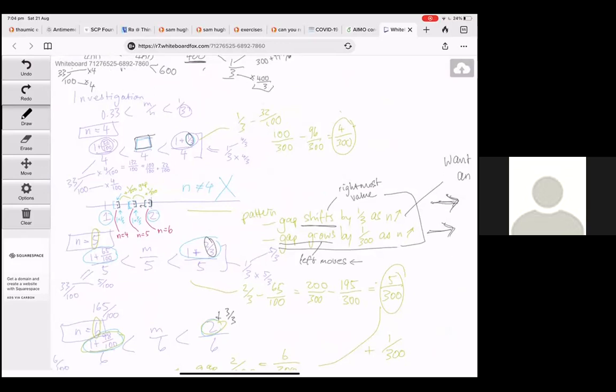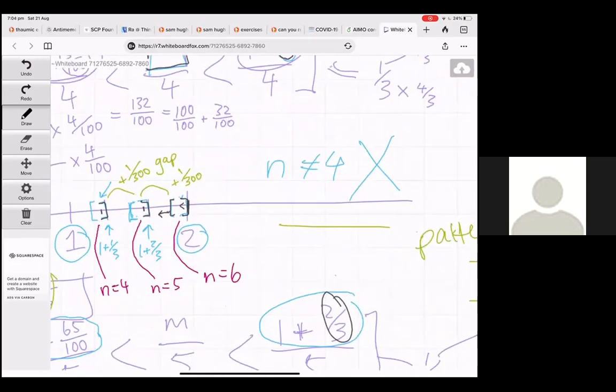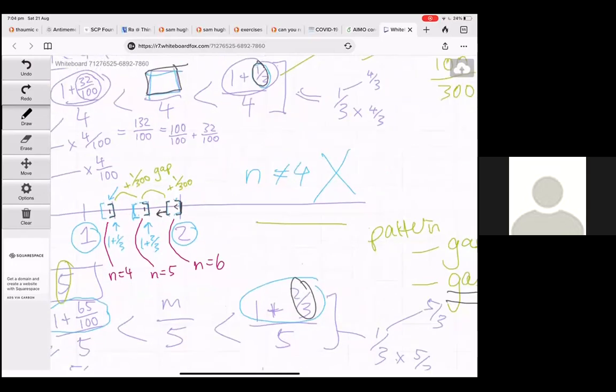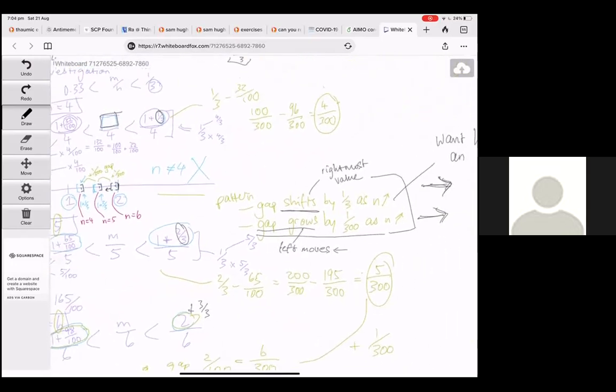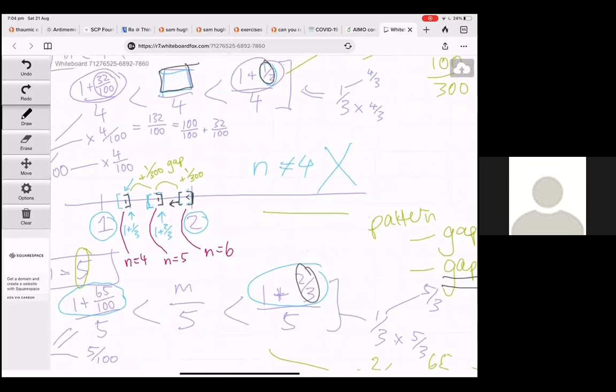So the rightmost value is always on a perfect third, and the leftmost value just moves ever so slightly to the left each time by 1 on 300. So if I want any hope of capturing an integer in that gap, then clearly I need my leftmost part of the gap to move to the left so much that it overlaps into the next third.